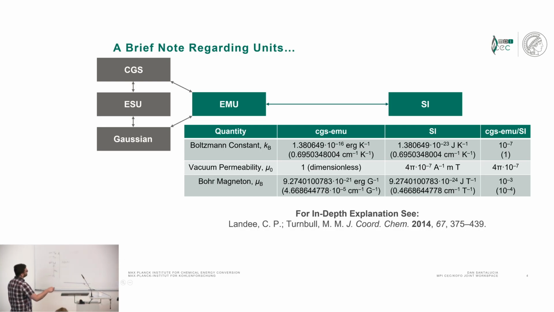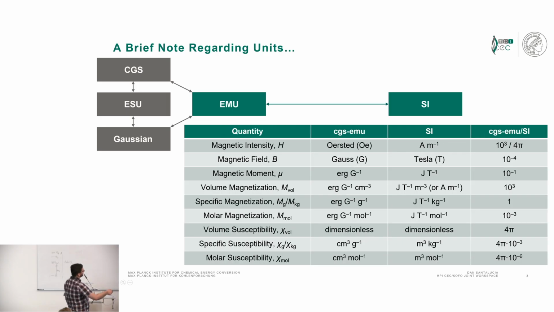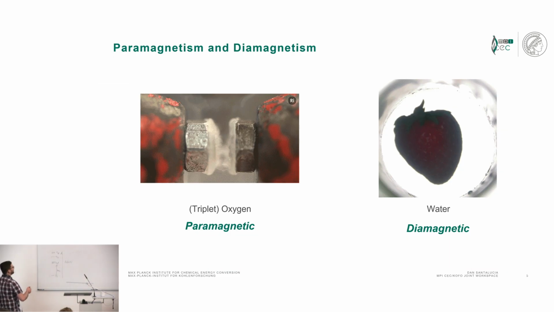And again, like I said, this permeability is the key difference of where these factors of 4 pi come from. So what becomes especially important is if you look at something like a molar susceptibility, it's not just changing units based on the volume from cubic centimeters to cubic meters. You also have to account for this factor of 4 pi if you want to make comparisons to the literature.